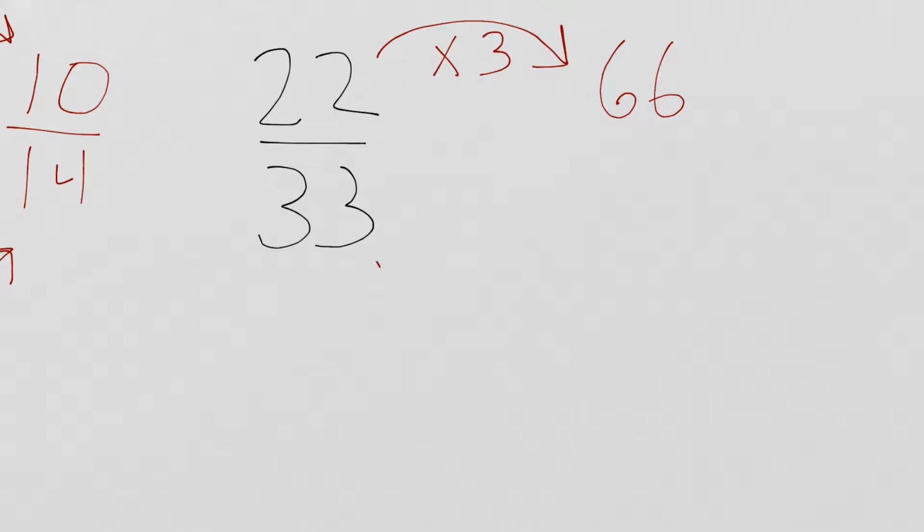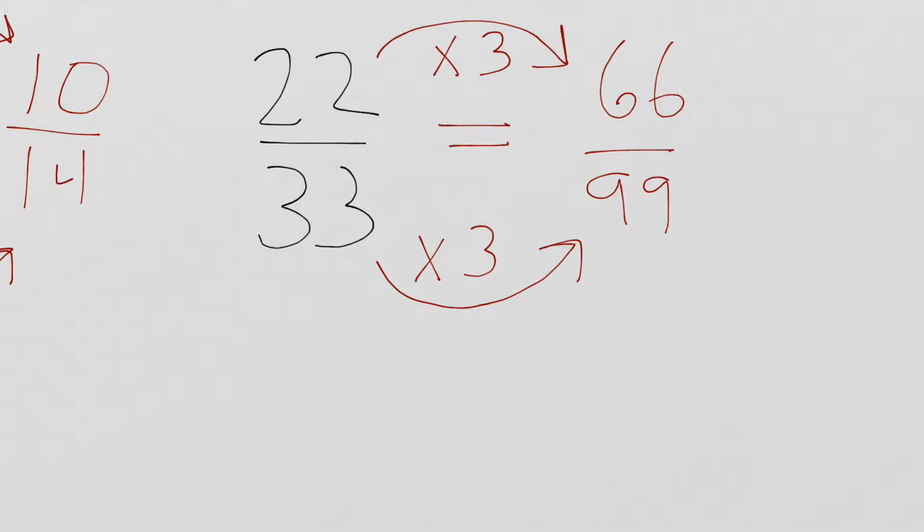And 33 times 3 gives us 99. So 22/33 is equivalent to 66/99. Different looking fraction, same value thanks to our multiplication.